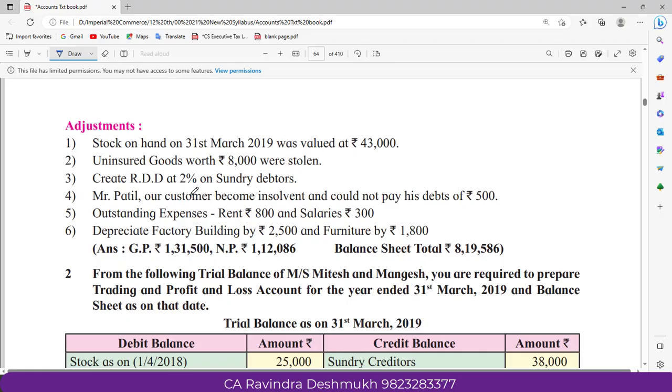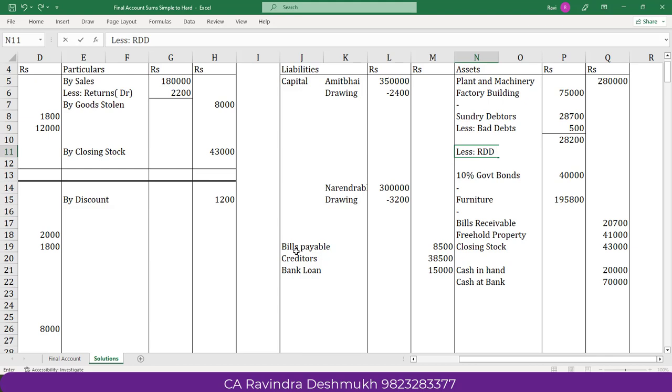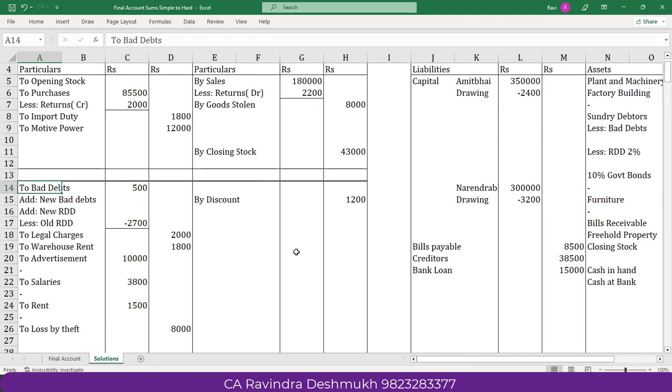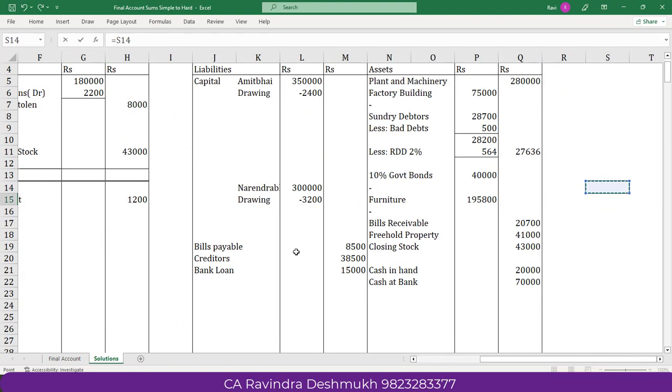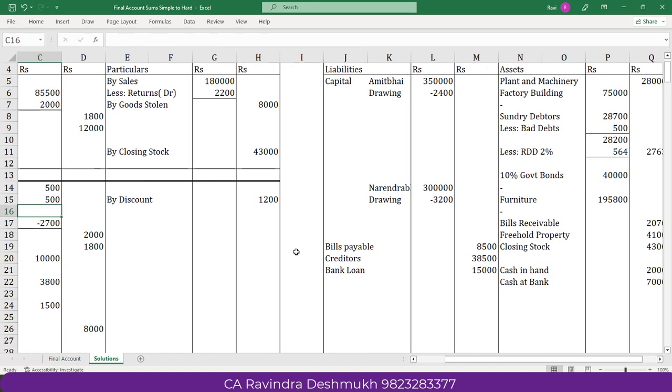Your RDD here is 2%, so 2% RDD is to be subtracted only after subtracting your bad debts first. 2% RDD comes to 564, and the second effect of the new bad debts of rupees 500 is that these are to be added.